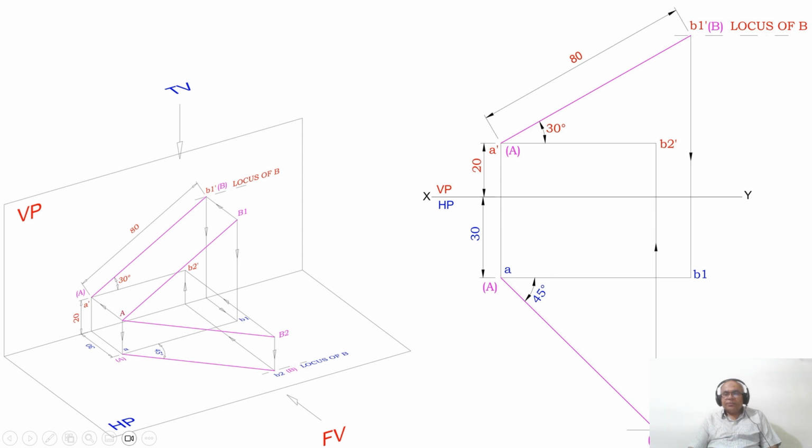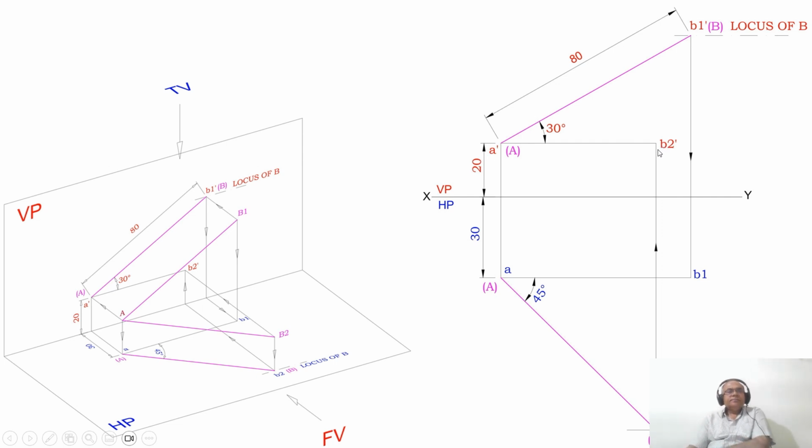Then you project B2. From B2 you draw a vertical projector till where? Till the A dash line projected. So you are going to get B2 dash. So this is the top view and this is going to be the front view for this AB2. Therefore you are going to get A dash B2 dash.